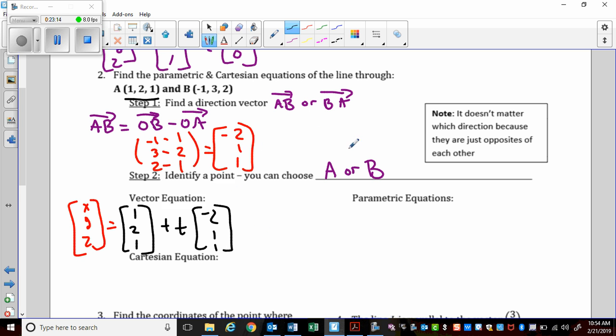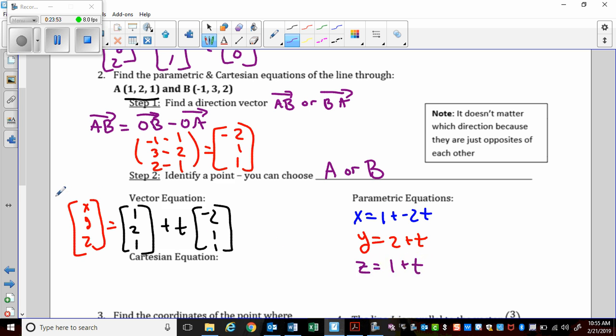The parametric equation, we need to remember how to find the parametric. I know that x equals, and I just follow along the top, x equals the x value plus -2 times t. So 1 plus -2t, right? My y's are the middle line. Y equals 2 plus t. And then finally z equals my initial 1 plus t.